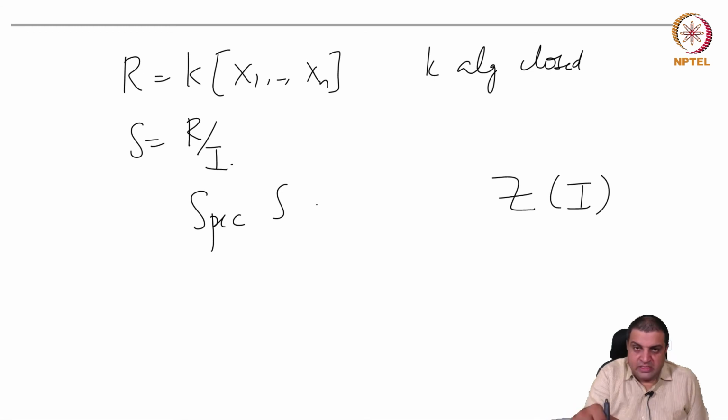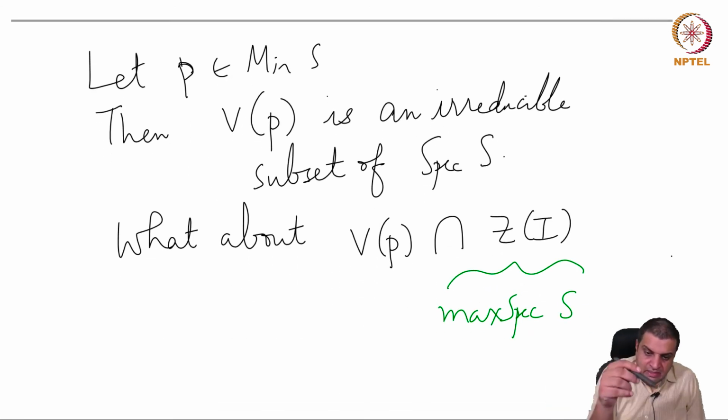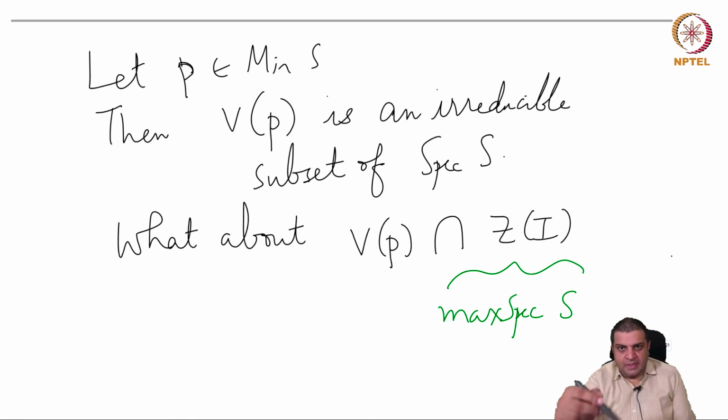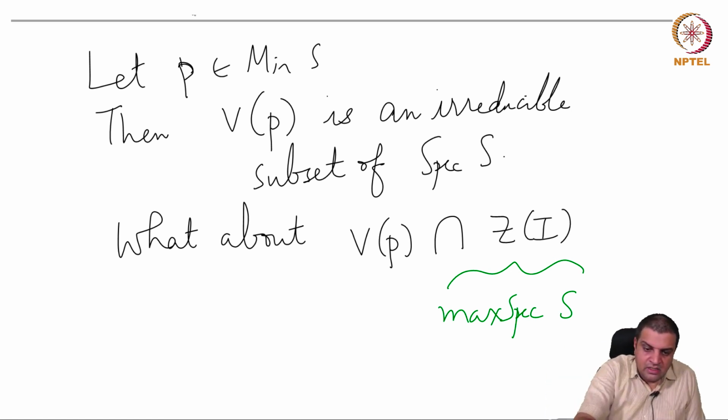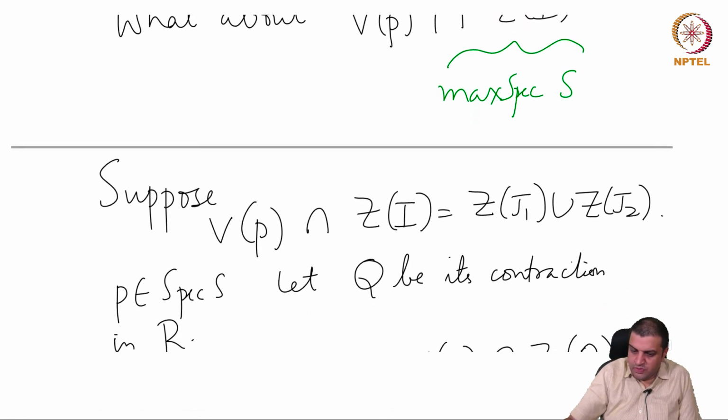We have two sets that we have discussed so far with topology, the Zariski topology on this, and the induced Zariski topology on this when it is identified with the maximum spectrum of S. And we ask, if you have an irreducible subset of spec S, does its intersection with the max spec give an irreducible subset of the max spec? That's what we are asking here. The assumption was that V of P is irreducible. Is the intersection with Z of I irreducible? That's what we want to know.